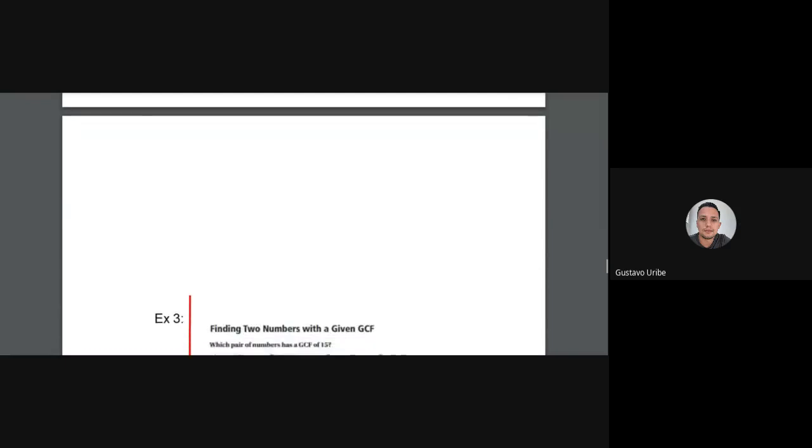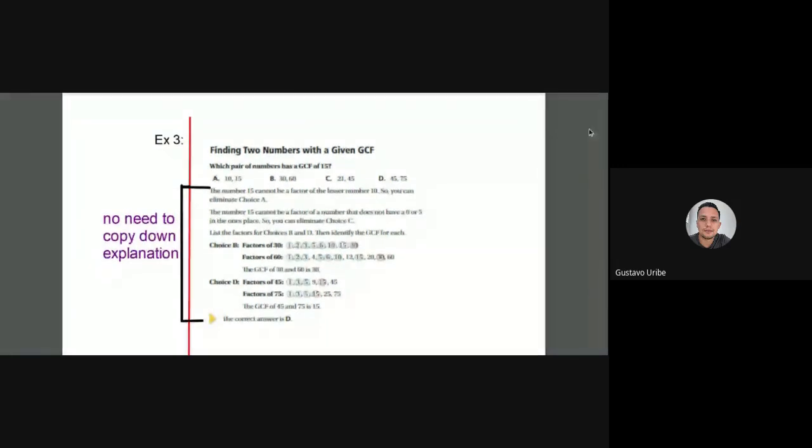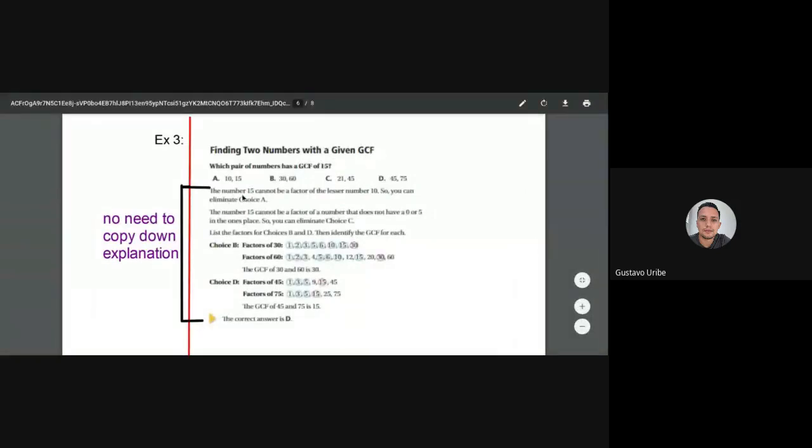Okay, let's keep going. Now, this is just an example you can go ahead and look at. Again, it says finding 2 numbers with a given GCF. Which pair of numbers has a GCF of 15? So then it gives you these 4 different pairs, and you have to try to find out which one has a GCF of 15.